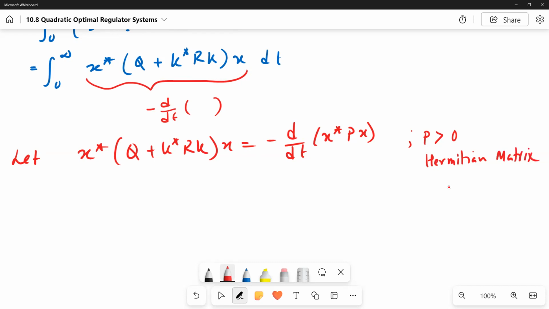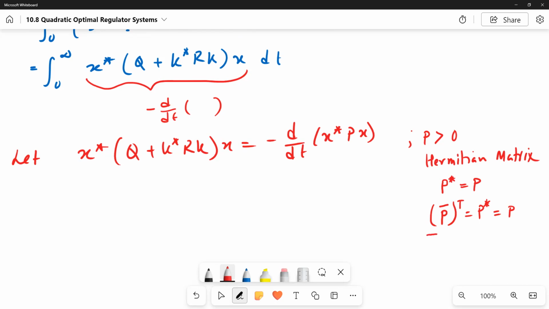I haven't defined a Hermitian matrix. Basically, a Hermitian matrix is a matrix whose conjugate transpose, which is P star, is the same as P. So if you take the conjugate of P and then take the transpose of it, that gives you P star, and P star will be equal to P. In the case of a real matrix, the conjugate doesn't matter, all the parameters are real.